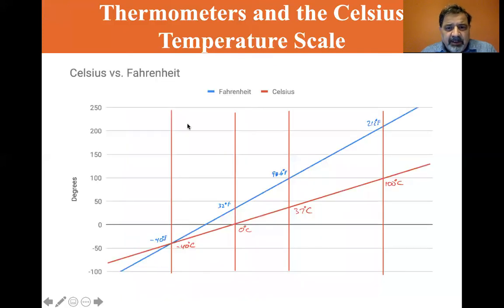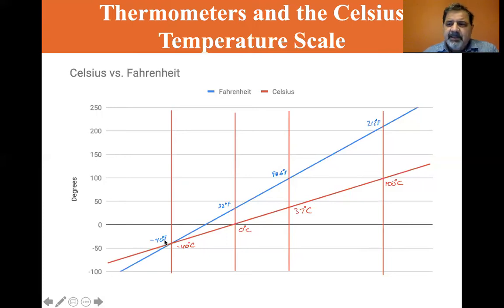I have a little scale here that I wrote down of these important points for you to remember. And actually, if you remember these, you can come up with your own conversion for converting from Fahrenheit to Celsius and Celsius to Fahrenheit.